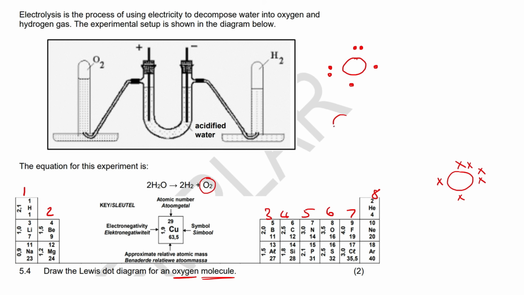So what you're going to get is 2 oxygens next to each other. And then we said that this dot is going to link with that cross, and this dot is going to link with that cross. So what you get in the middle here is that, and then you can just put these two in the middle as well. So you get something like that. And so there is your Lewis diagram.